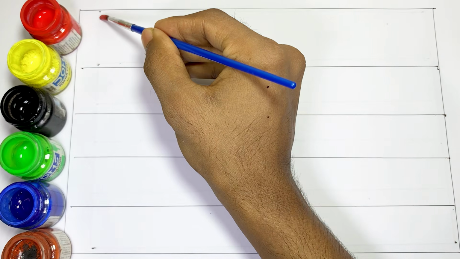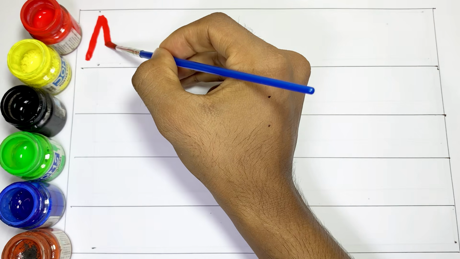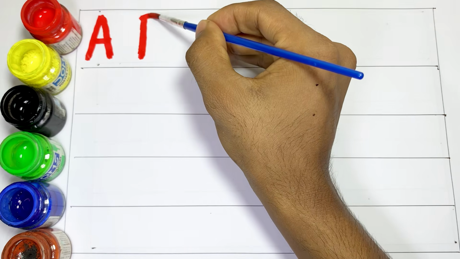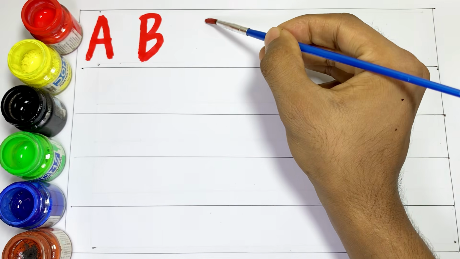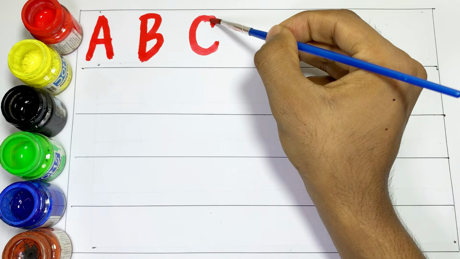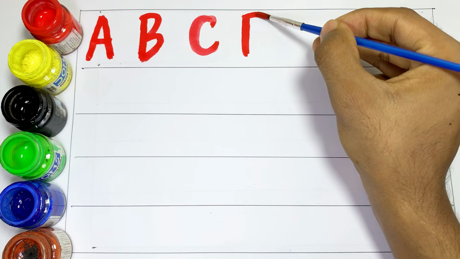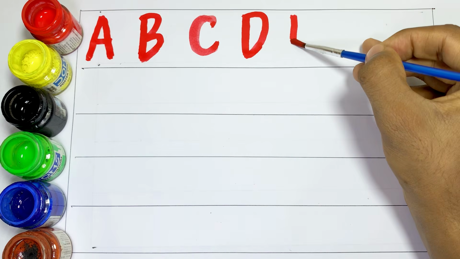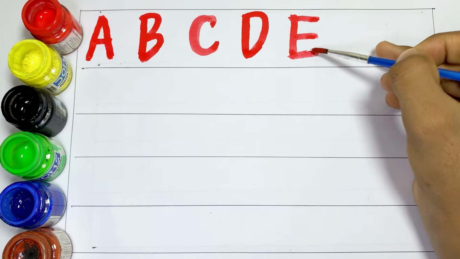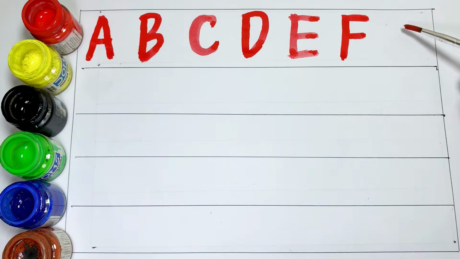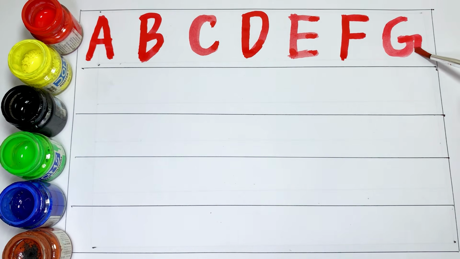A for apple, B for ball, C for cat, D for dog, E for elephant, F for fish, G for God. Now you draw 8 and use yellow color.